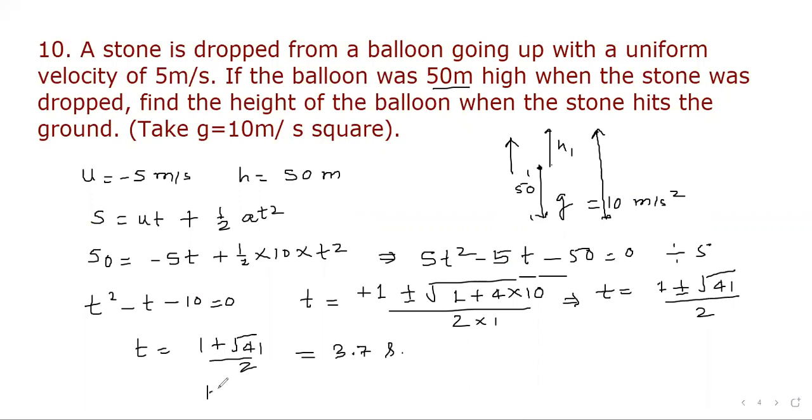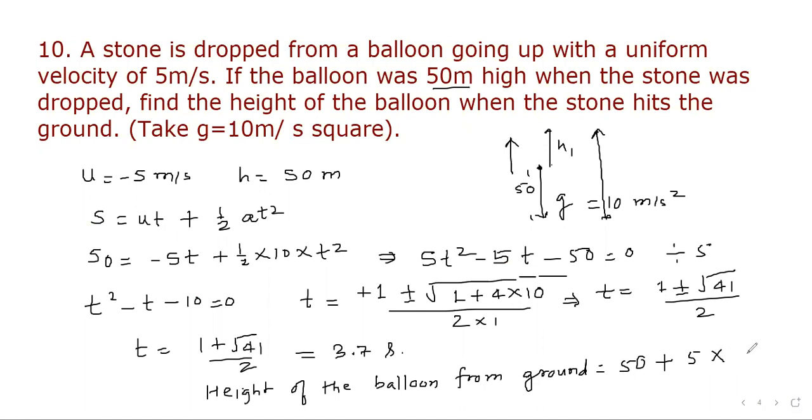The height of the balloon from the ground equals 50 plus the speed of the balloon, 5 meters per second, into time 3.7 seconds. So this will be equal to 50 plus 18.5, that becomes 68.5 meters. And that is our answer.